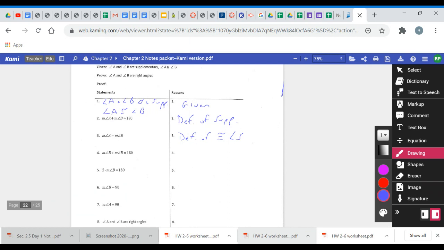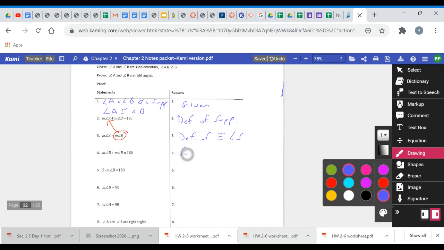Okay, we're just switching from the congruent sign to the equal sign. Now they're basically just combining both of those things. Okay, if angle A plus angle B equals 180, and we know angle A is equal to angle B, then I can put angle B in for the A's place right there. And again, putting something into something else's place means substitution.